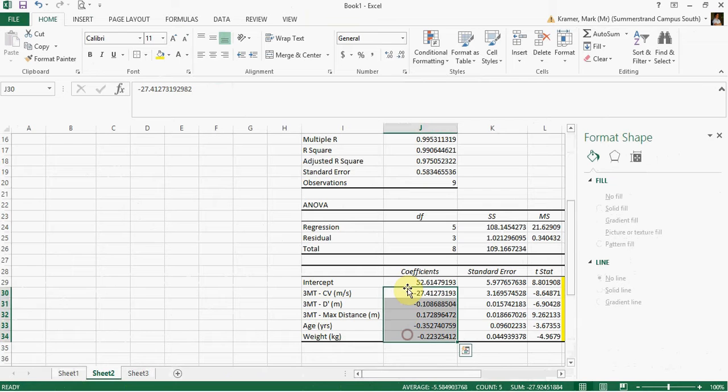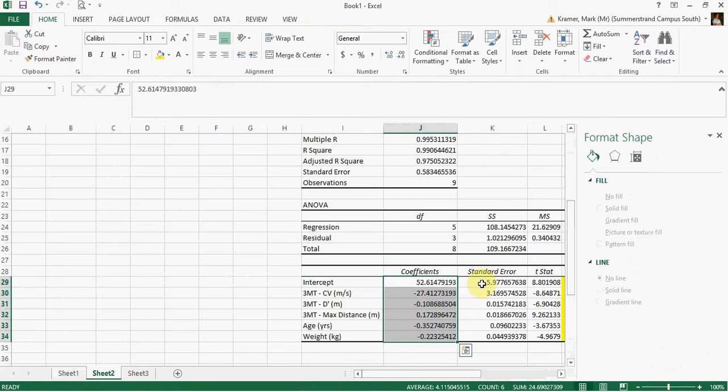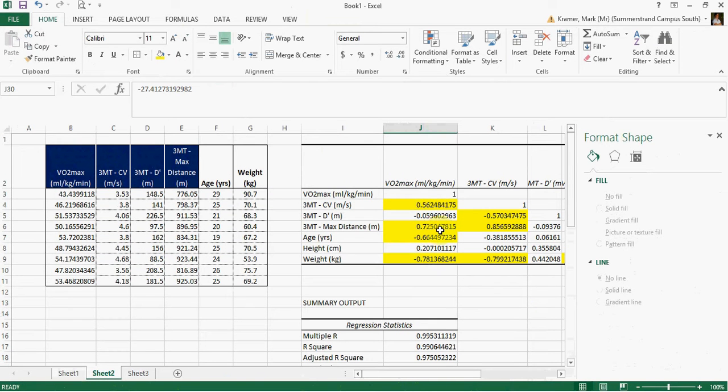These are the coefficients, in other words, those beta values, that I will need to use in my equation. What is of interest is not necessarily the size, but the sign here is obviously of interest.